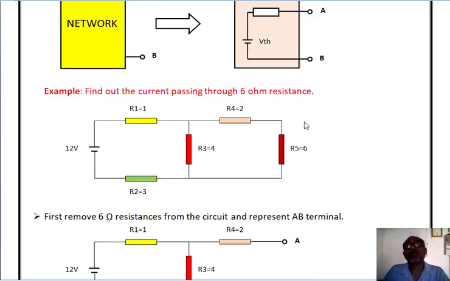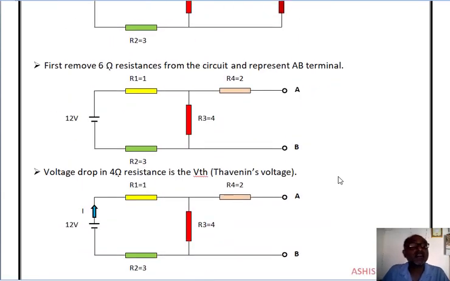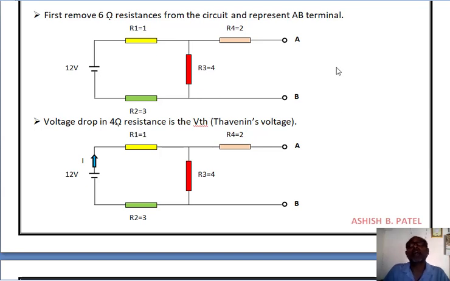Now first we have to find VTH. VTH is the voltage available across the open terminals A and B. Remember, the R4 resistance is there, but we require the voltage across the R3 resistance, because the voltage across R3 will appear across the AB terminal, since it is open.